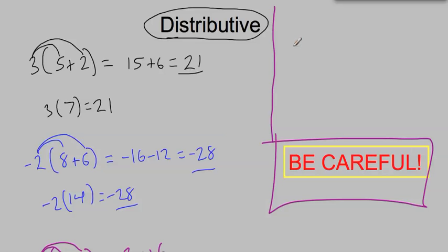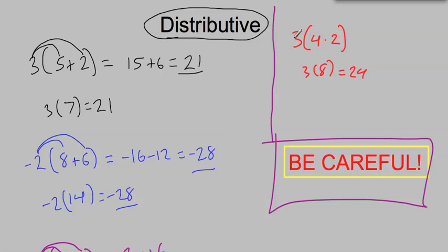Now think back to our associative property. If I have the number 3 times 4 times 2, if we do this by order of operations first, I'm going to get 8 times 3, which is 24. I cannot distribute 3 onto the 4 and the 2.